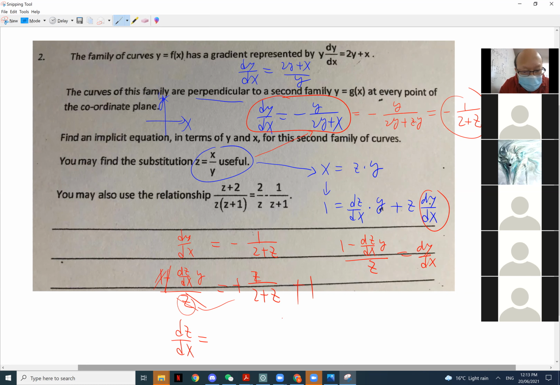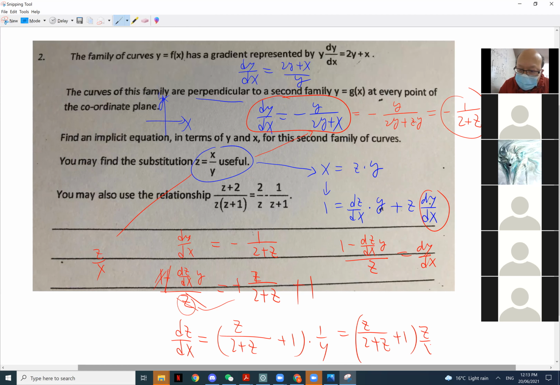And then you move y to the other side. It's like z squared plus z plus 1 times 1 over y. 1 over y is the same as z over x.